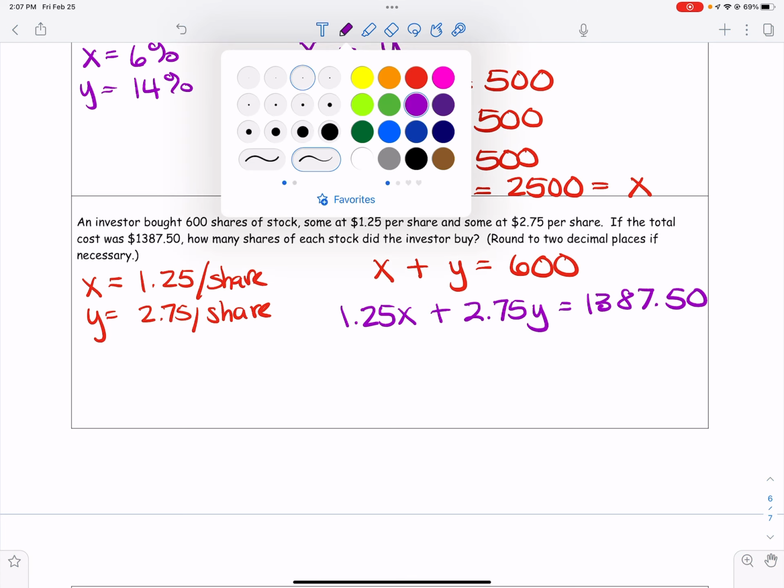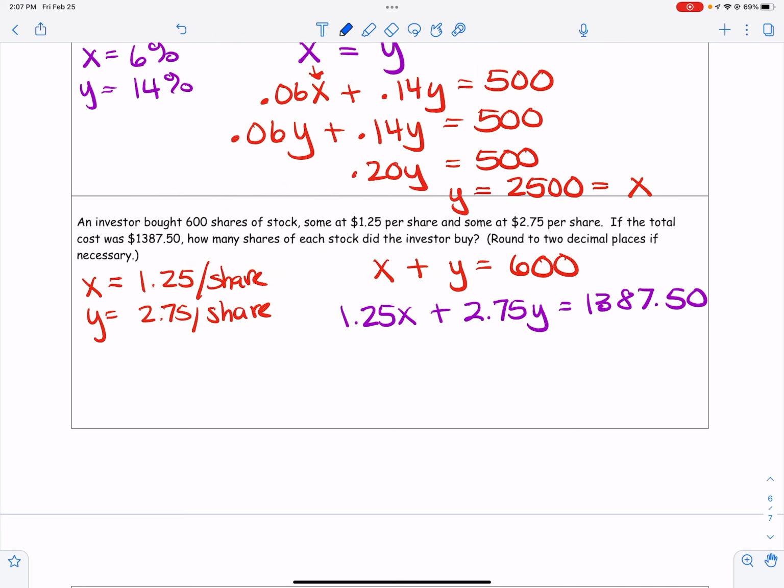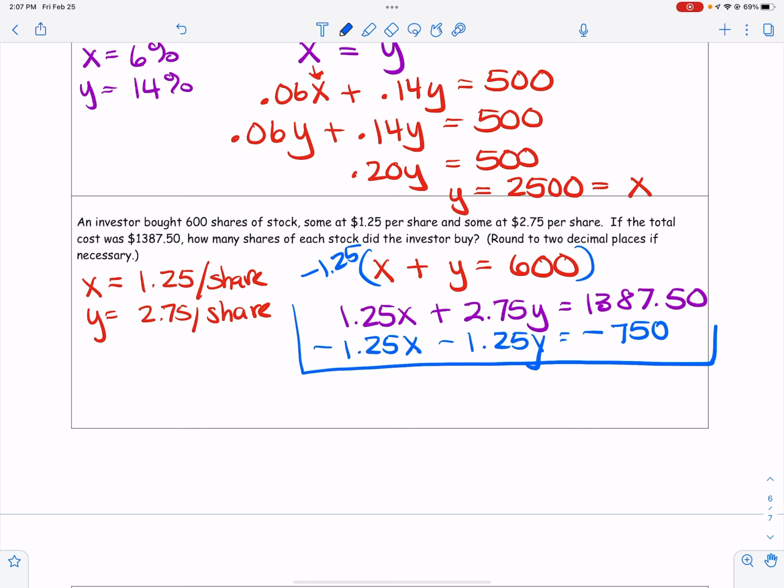$1,387.50. And so then I would multiply that top equation by negative 1.25, and I get this. And that comes out to be negative 750. And then I will add these two equations up. And so I'm going to cancel out the x's.